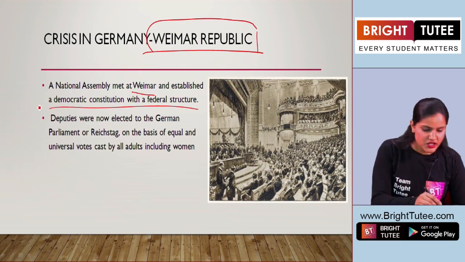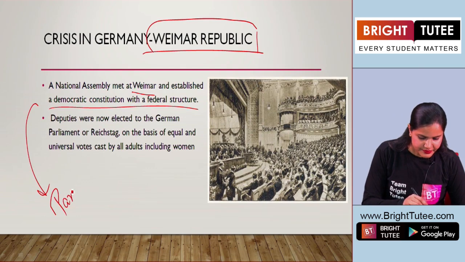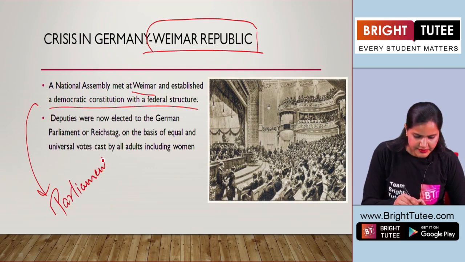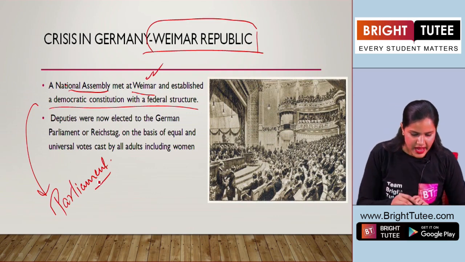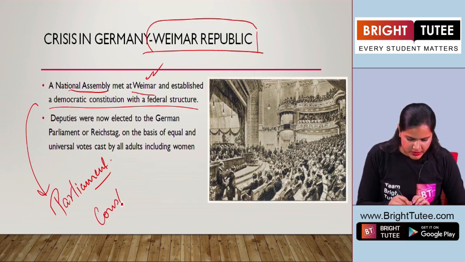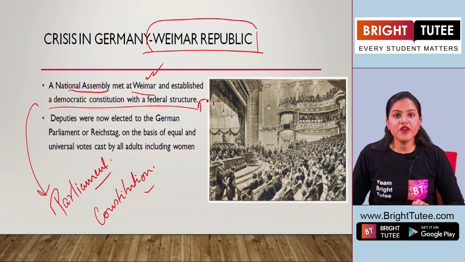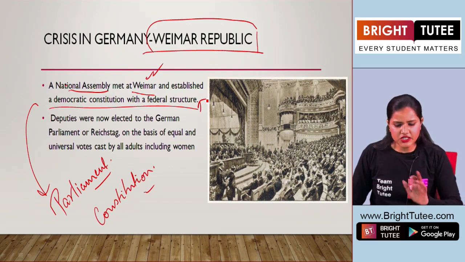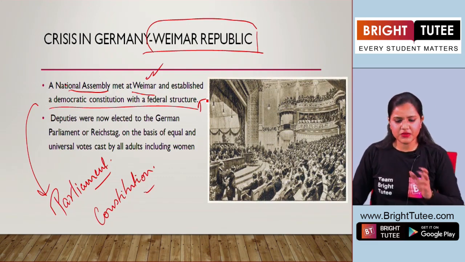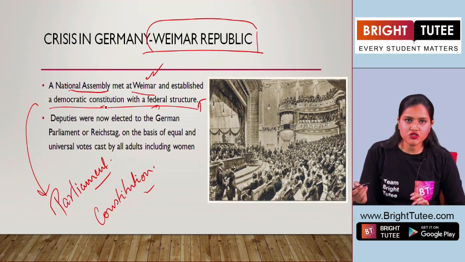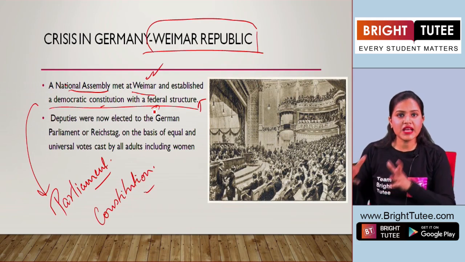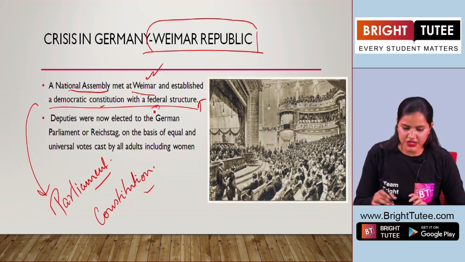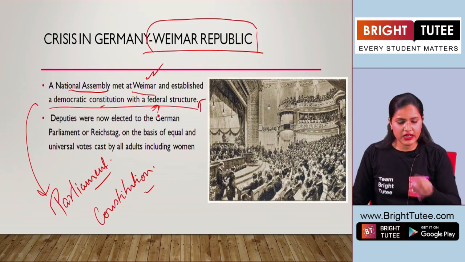Yes students, so we are talking about a parliament, a national assembly that met here in Germany, and a constitution that was formed based on the federal structure. Now, are these terms new for you? You have learned some of these terms. Constitution, we all know. Federal structure means that the central as well as the state governments both had powers; they shared the powers here in Germany.